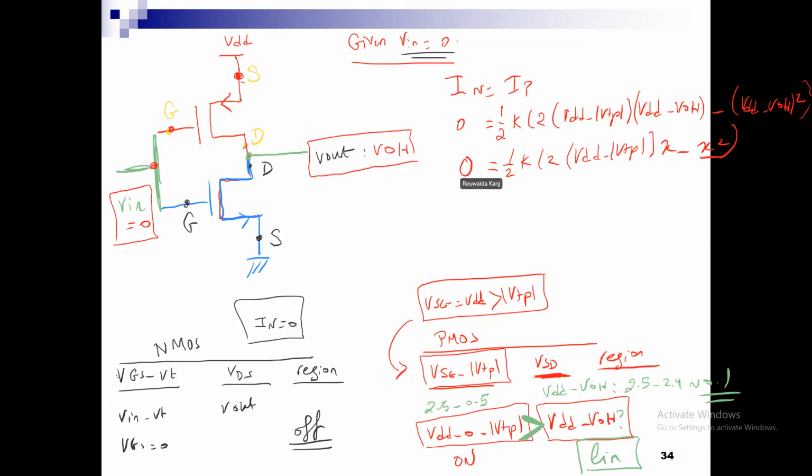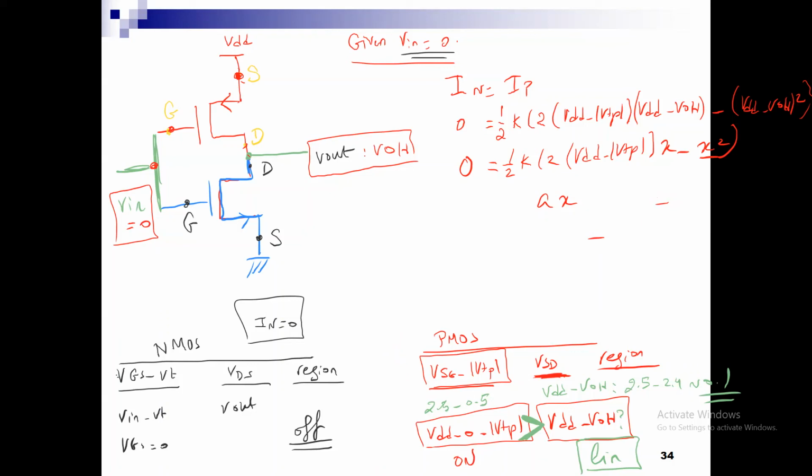What would make this 0? I have some A times X minus B times X squared equal to 0 if and only if X equals 0. So the root of this solution will be X equal to 0.